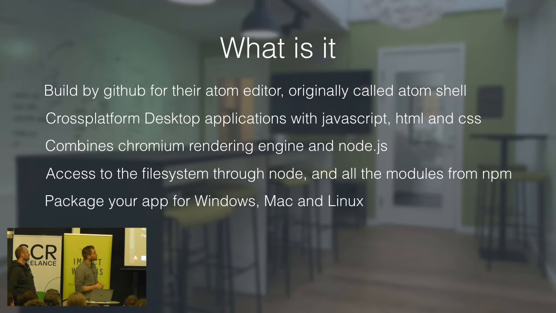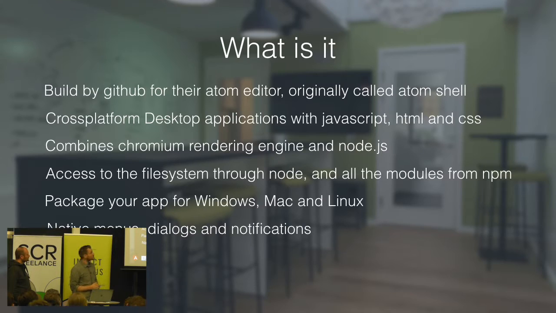Furthermore, you get from the framework the ability to package your app for all three major platforms, Windows, Mac, and Linux. Also, because of its native ability, you get native menus, dialogs, and notifications, and so on. They are native to the operating system, so if you use a notification, it will be native to Windows and to OS X and to whatever other.